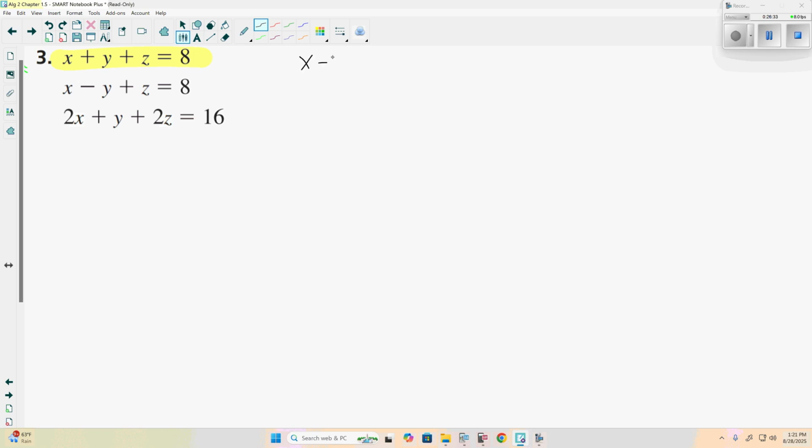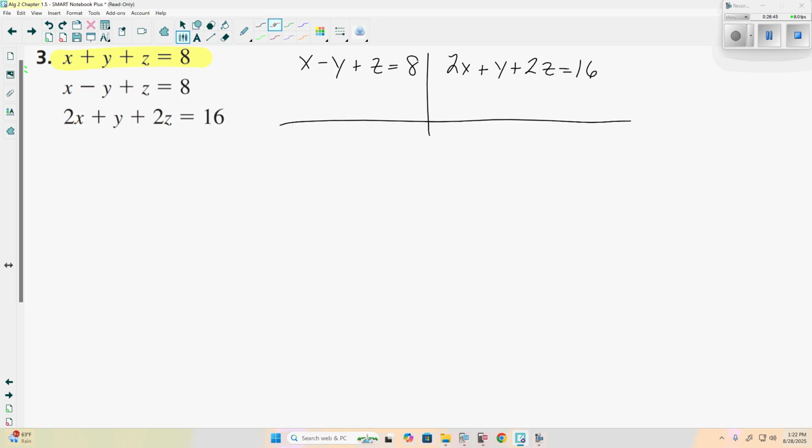So we have X minus Y plus Z equals 8. And we have 2X plus Y plus 2Z equals 16. Now, since the numbers in front of Y are the same already, we can go on and put them in there.